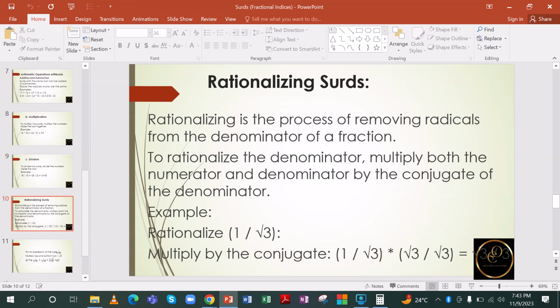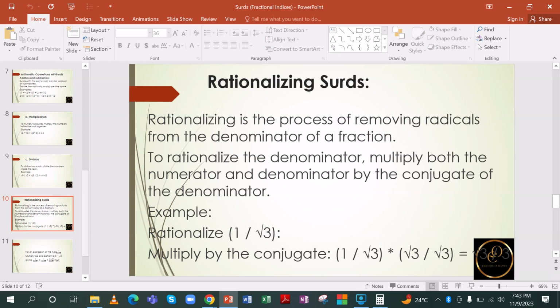Which you call rationalizing surds. This is another terminology that can be associated with surds. Rationalizing a surd is the process of removing radicals from the denominator of a fraction. To rationalize the denominator, you multiply both numerator and denominator by the conjugate of the denominator.